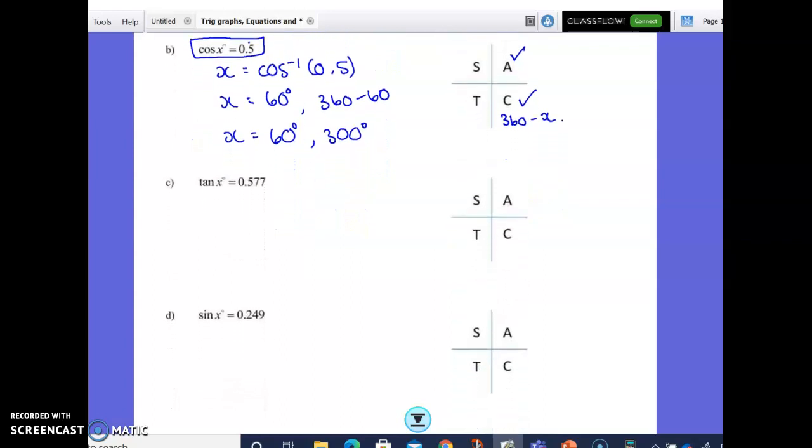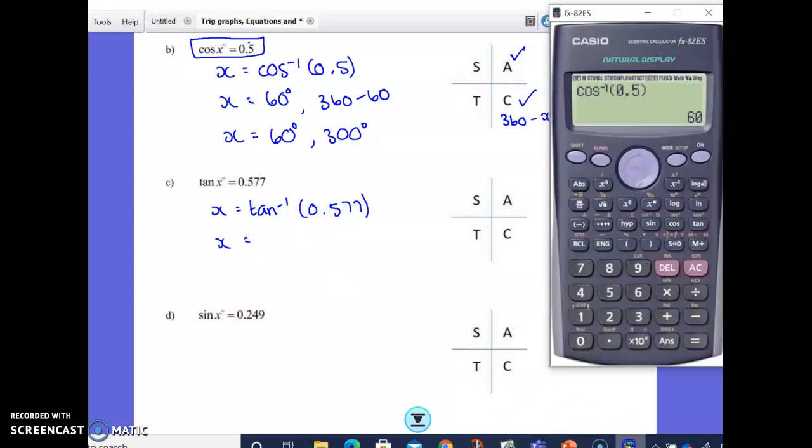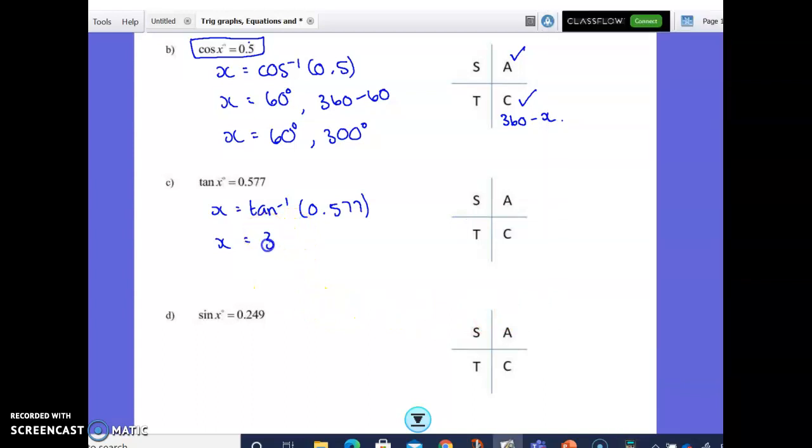Try a third one. Tan is 0.577. So I'm going to start by putting it into my calculator. I'm doing tan to the minus 1 of 0.577. It comes out as 29.98. We're just going to round that to 30 degrees.